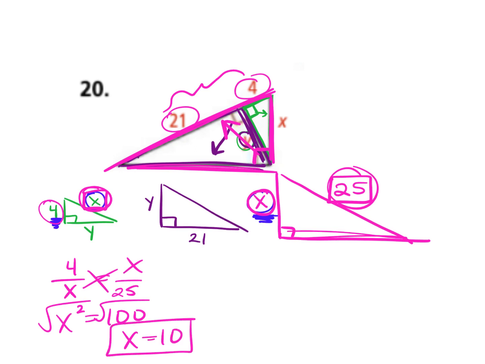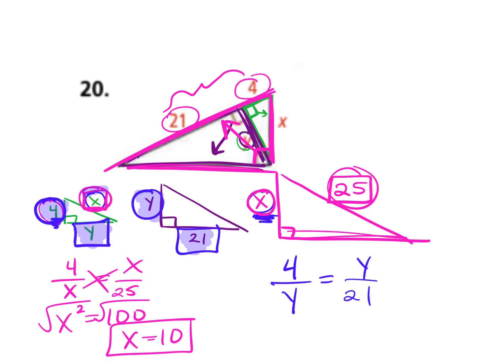Okay. Then we're going to solve for our y. And for this one, you have a y here and a y here. So this longer leg would correspond to longer leg. This shorter leg would correspond to the shorter leg. So when you go to set this up, it's going to be shorter leg over shorter leg, 4 over y, equals longer leg over longer leg, y over 21.